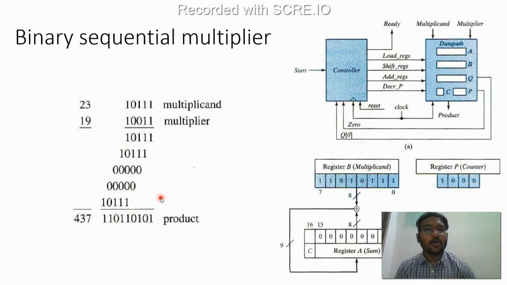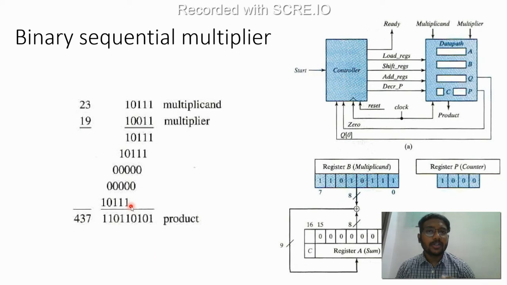This kind of multiplication requires a lot of registers and a lot of hardware. To store the partial products, let's call them partial product 1, 2, 3, 4 and 5, we require lots of registers, followed by the addition of all these partial products, which requires a lot of hardware.